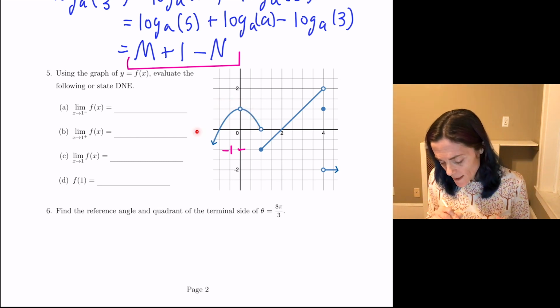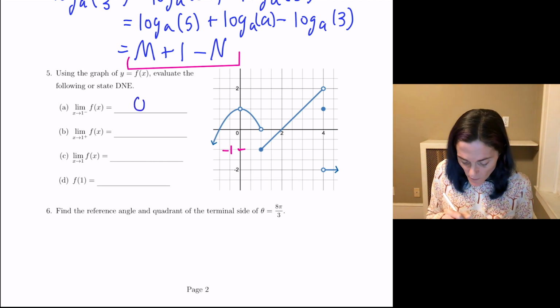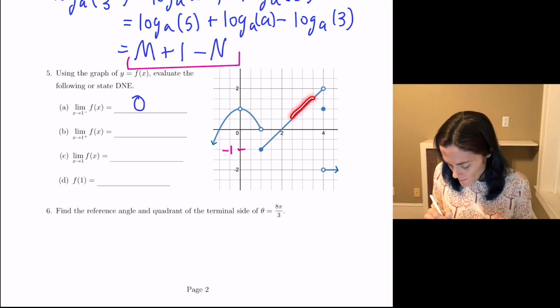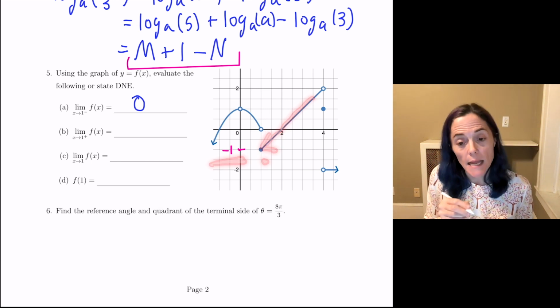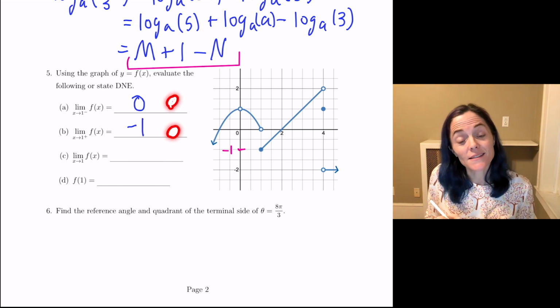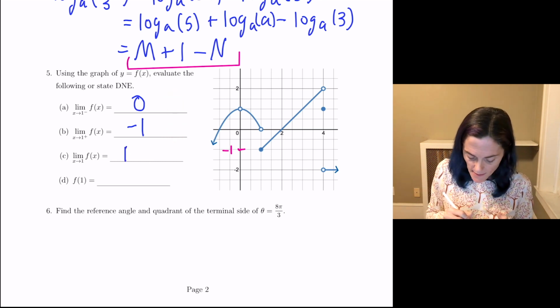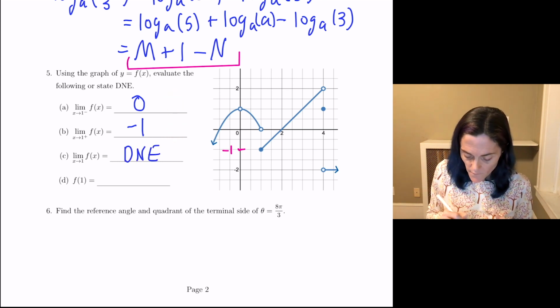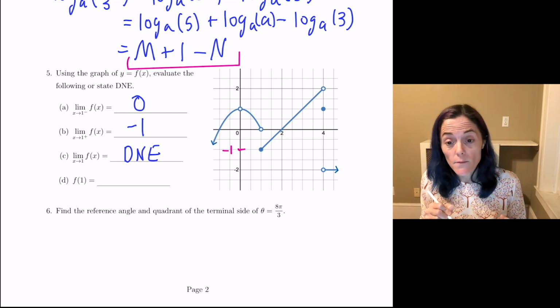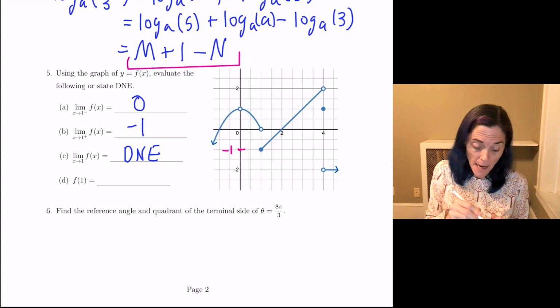We are approaching right here, y equals 0. Limit from the right, okay, we come in this way. We are approaching here, y equals -1. Well, the limit from the left does not equal the limit from the right, so the overall limit does not exist. Finally, the function value. This is where it's filled in, right here. So f of 1 equals -1.